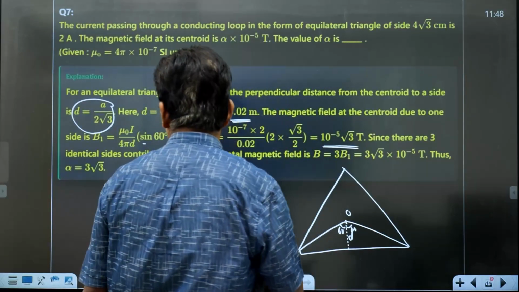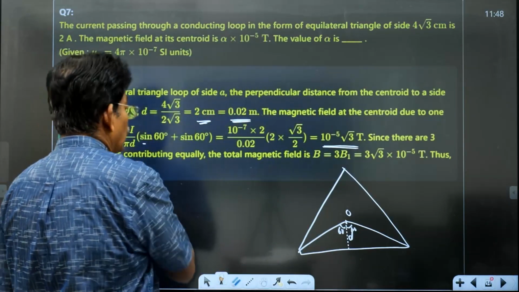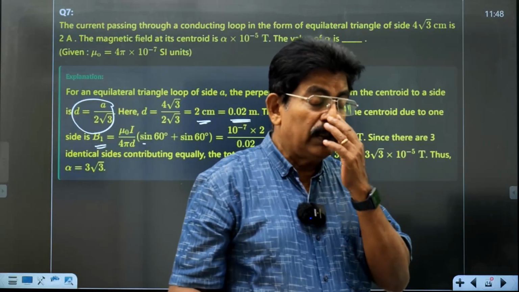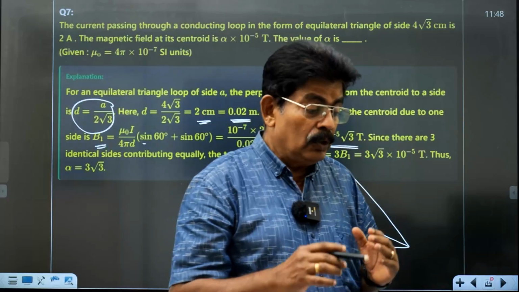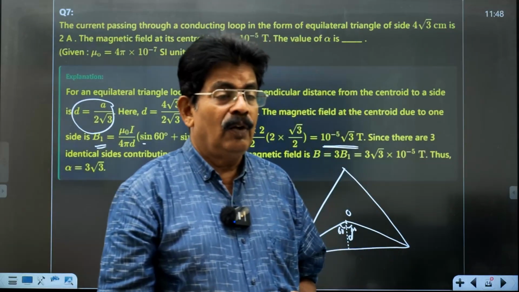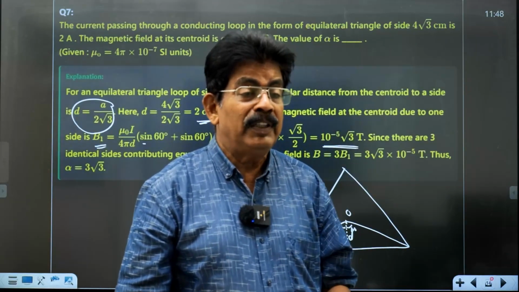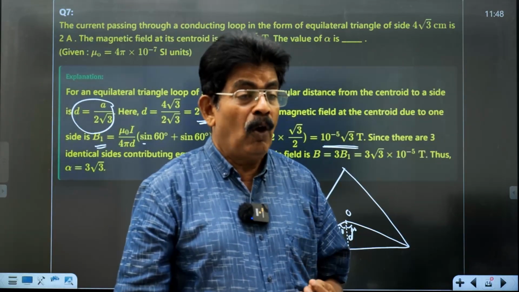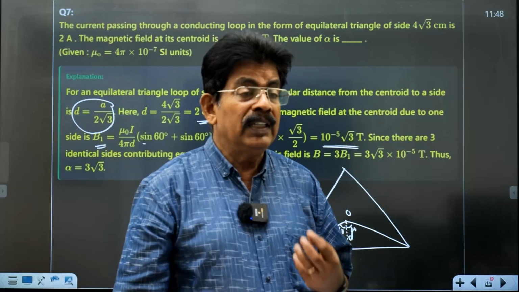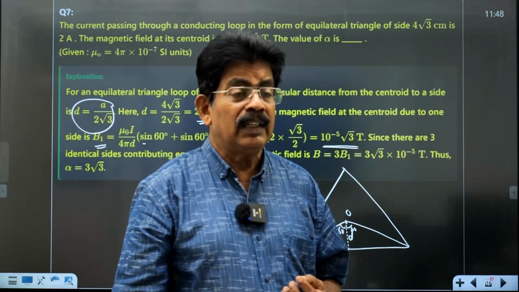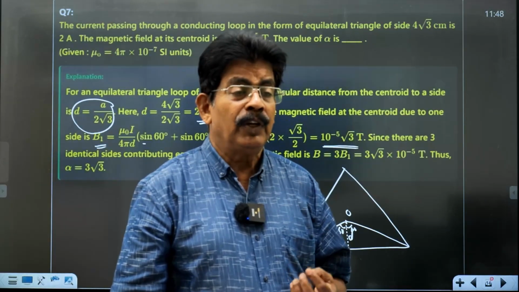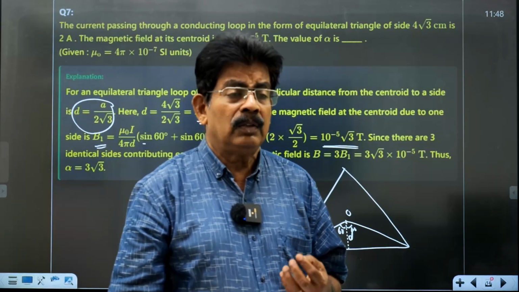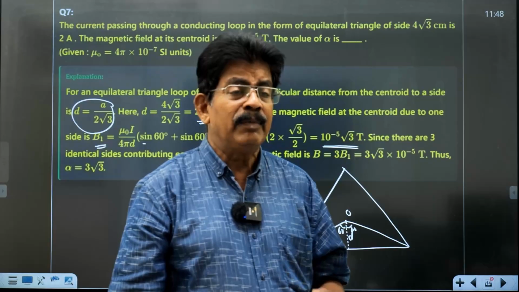That is due to one segment, and we have to get the contribution of 3 segments. If you take a point inside a current carrying loop, the magnetic field due to all the parts of that loop will be in the same direction.